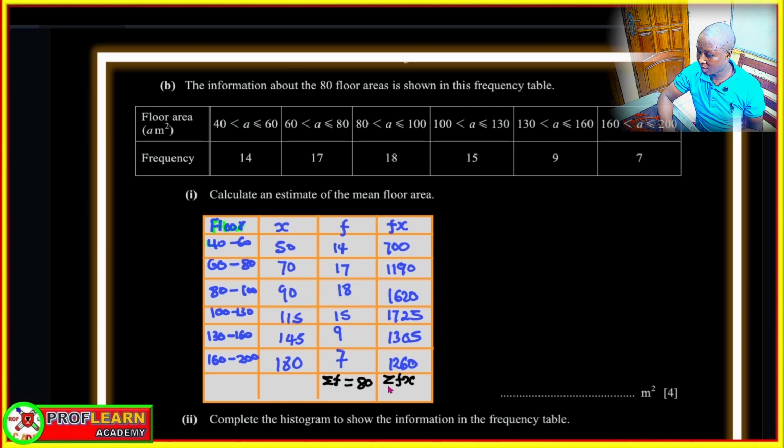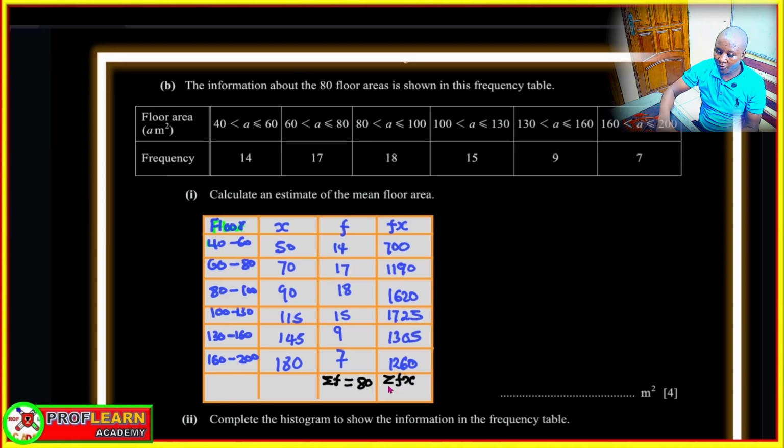This is translating to 7800. So we have 7800.